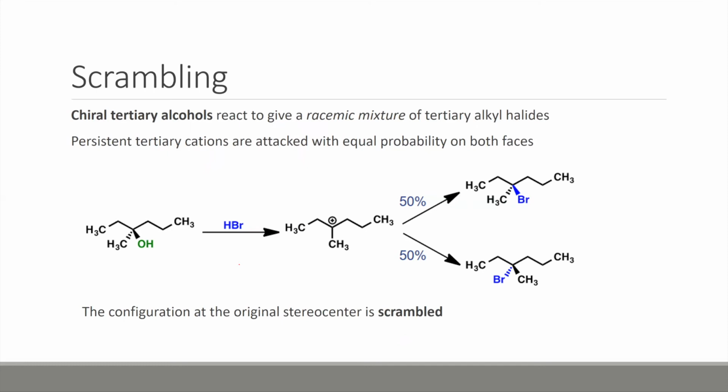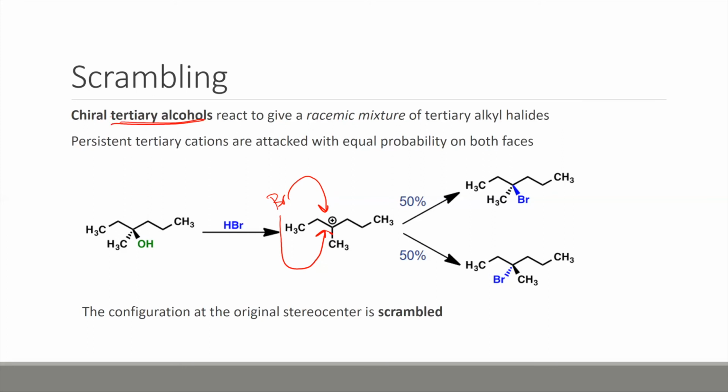So it's equally likely that in this case, the bromine can attack from this side or from this side, making a mixture of R and S. So the configuration of whatever you started with, whether it was R or S, is just scrambled. And again, this is for tertiary alcohols.